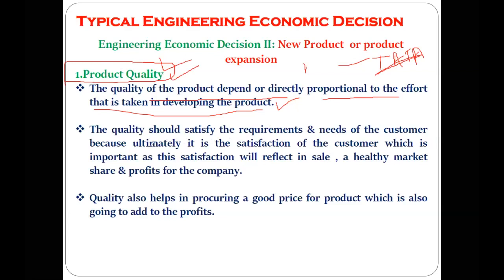And so the quality should satisfy the requirements and the needs of the customer, because ultimately the satisfaction of the customer is very important, as the satisfaction is reflected in the sale. Now, what is the relation between the satisfaction of the customer and the selling of the product?